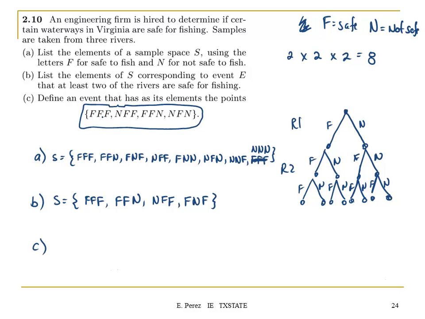So the event that we're looking at on that sample space is the event of having the second river safe for fishing, because F is repeated on the second item of the outcome. Any questions?